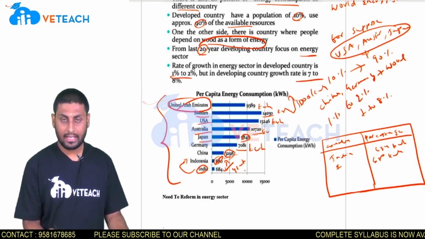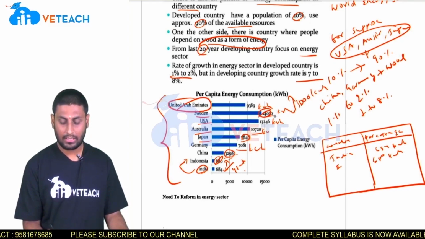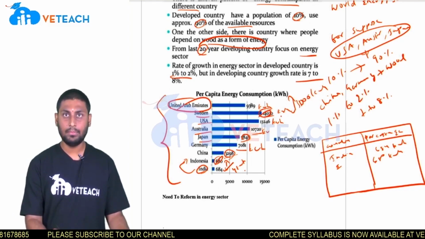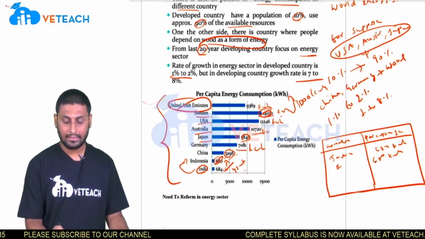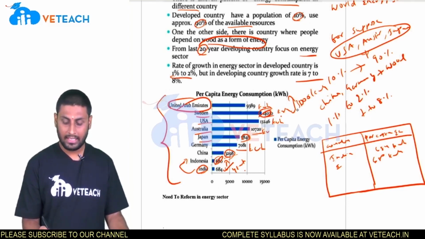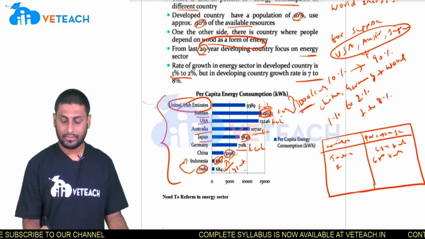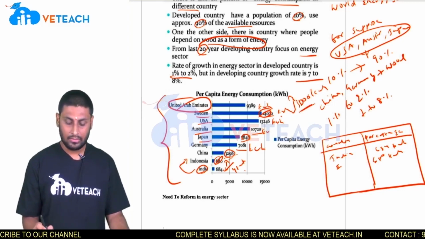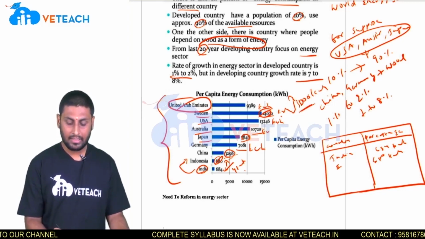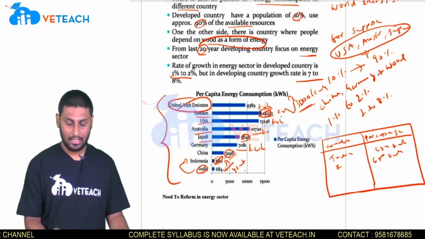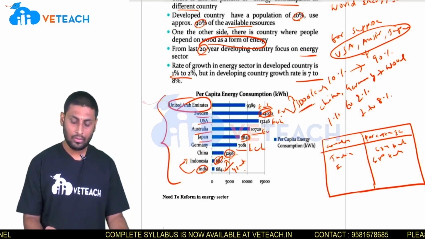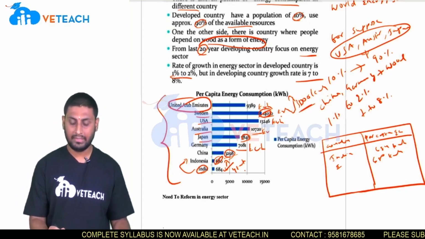Sweden has 14030 kilowatt hour and United Arab Emirates has 9389 kilowatt hour. When observing USA, Australia, Japan, Germany and China, there is not much difference between them.